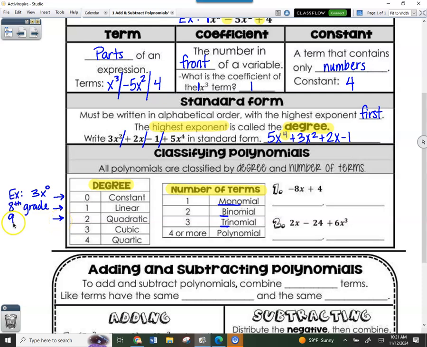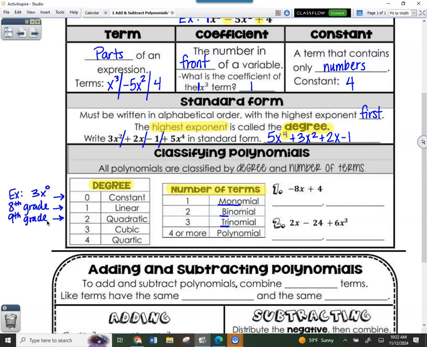Quadratic, this is what we're going to learn in 9th grade. Quadratic is when it's degree 2. This is 9th grade, which means this is the most important one. This is where we're going. Preview of what's to come. Cubic is 3, quartic is 4. Those are algebra 2 and higher. So that's junior year. Okay? Degree 3, degree 4.